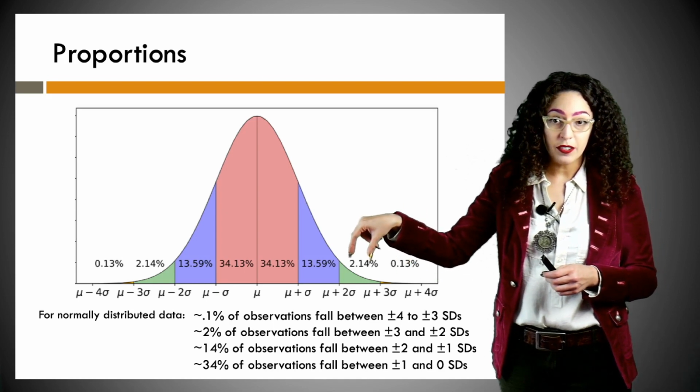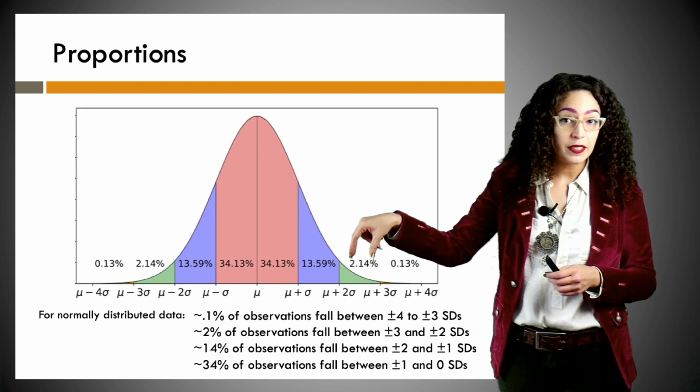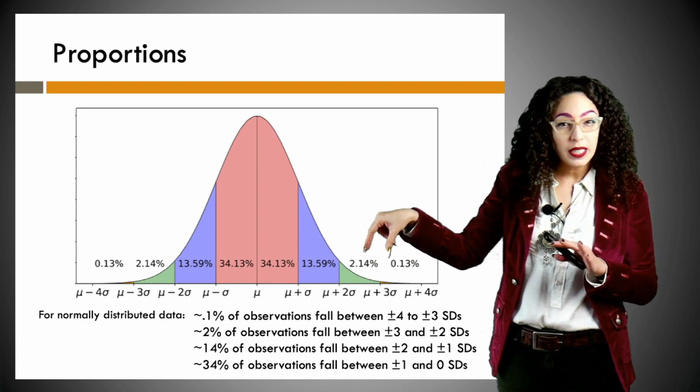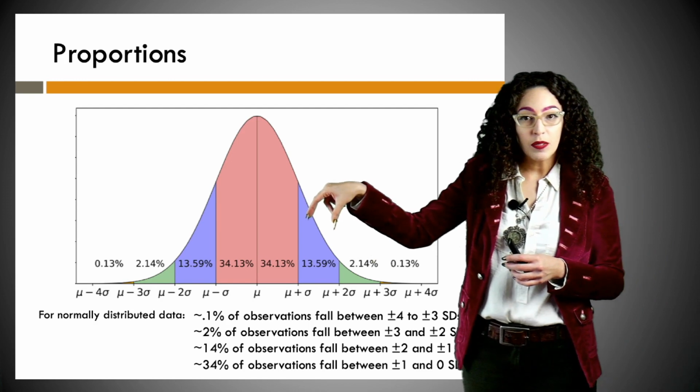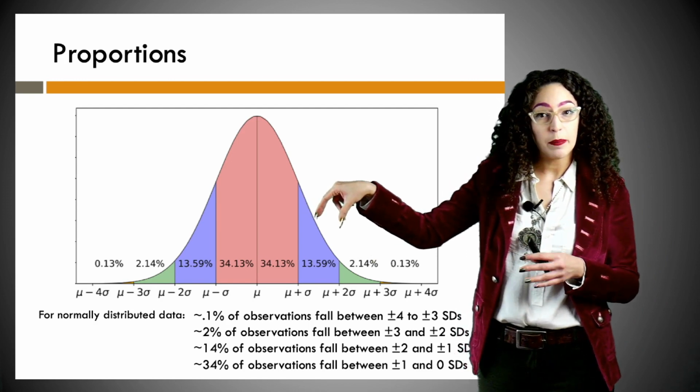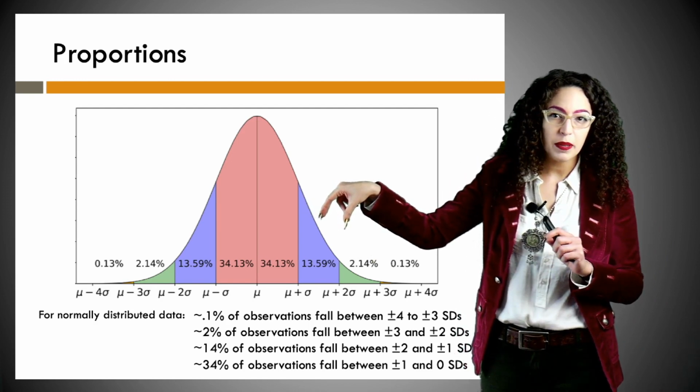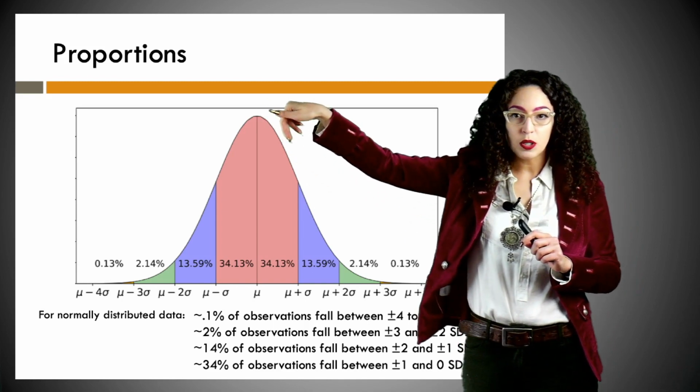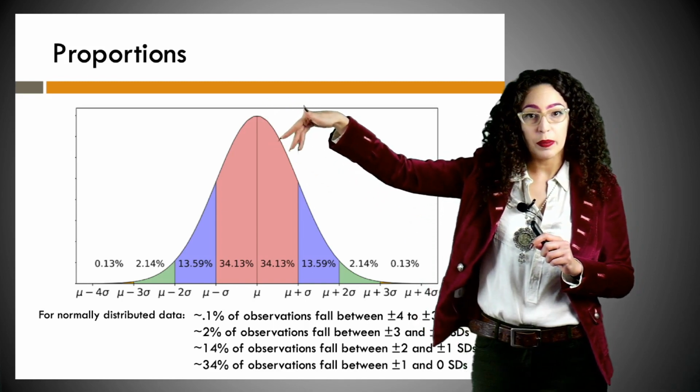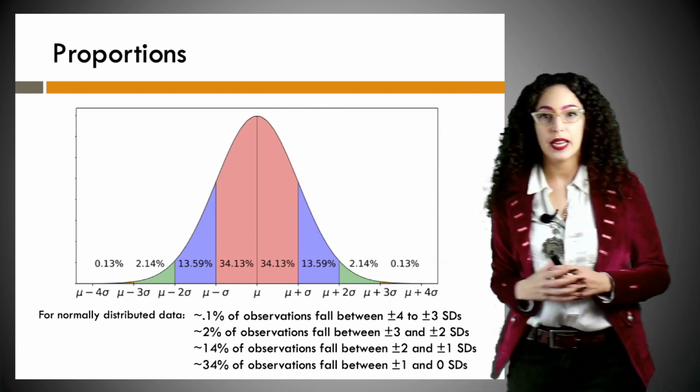And then from here, from positive 2 to positive 3, it would be about 2% of people. Then here, from 1 to positive 2, it'd be about 13–14% of people. And then from 0 to 1, it would be 34% of people. And the same is true if you were to do it negative on the other side.